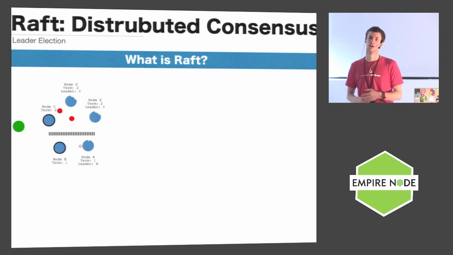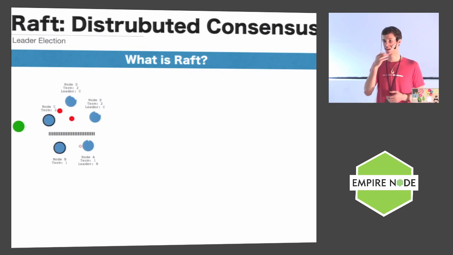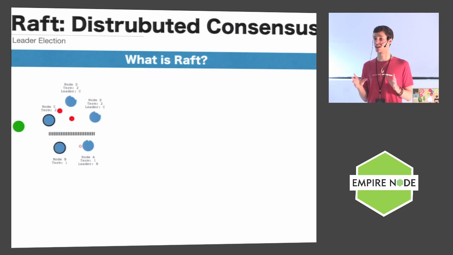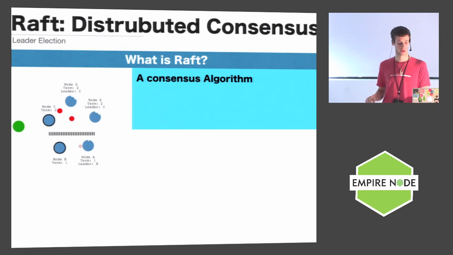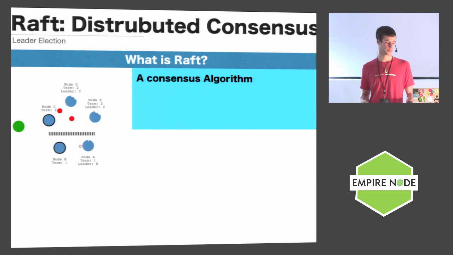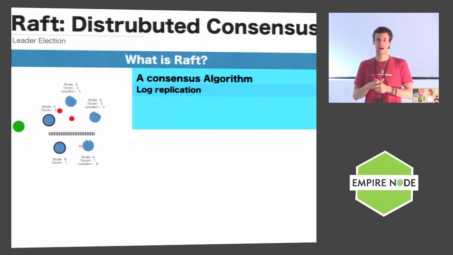So what is Raft? Raft is a protocol that allows distributed consensus to exist. Consensus being all of the nodes agreeing on a single deterministic state. So it is a consensus algorithm. And log replication is the first piece of it.